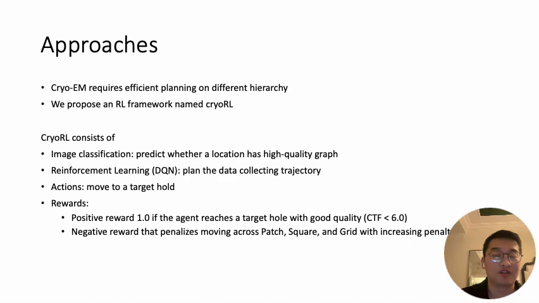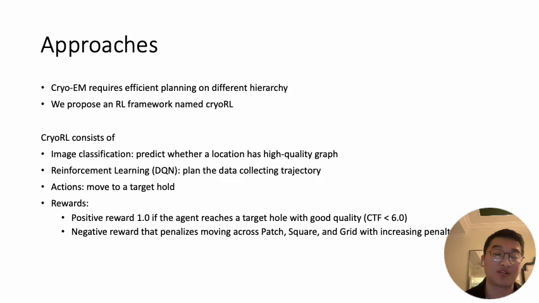And then we train the reinforcement learning agent using the algorithm double Q network to do the high level planning for the data collection on the different hierarchy. So the actions for the reinforcement learning algorithm is the hole location where we want to move to in the next step. And the reward function design is the most critical part in this paper.